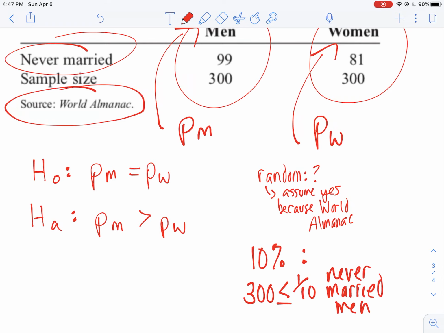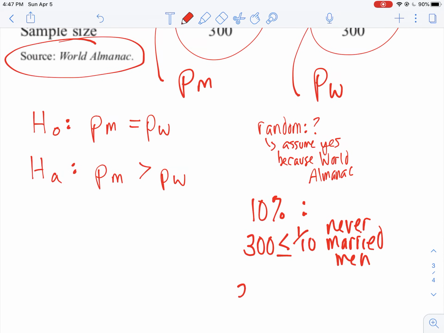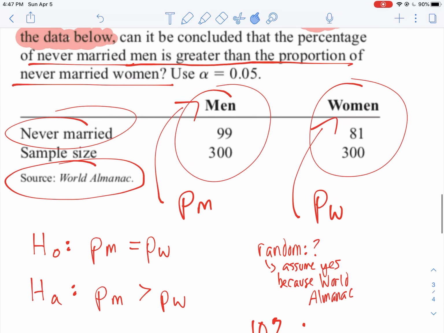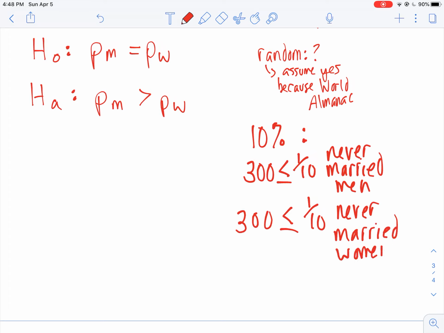I think it is quite safe to say that 300 is definitely going to be less than 10% of all never married men. And our second sample here for the women was 300 as well. So we're going to say 300 is less than or equal to 1/10 of never married women. That's very safe to say. So we're covered. 10% rocking.